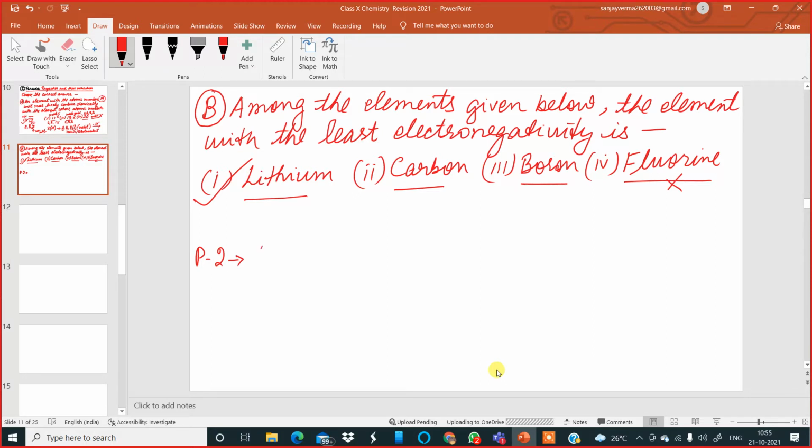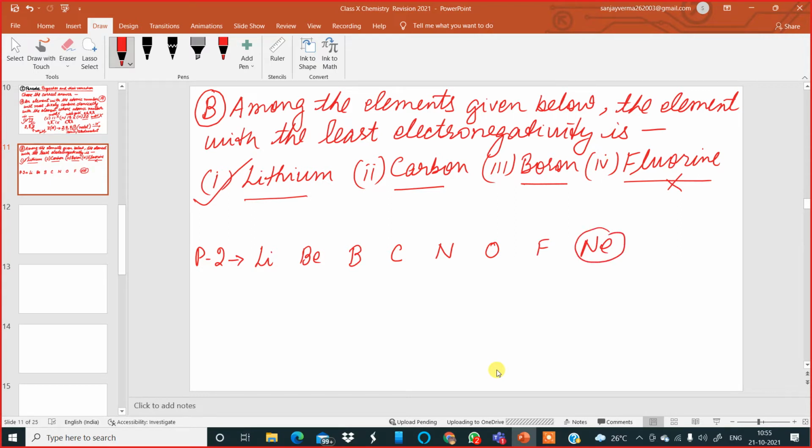Lithium, beryllium, boron, carbon, nitrogen, oxygen, fluorine, neon. Neon is a noble gas. These elements belong to period 2.